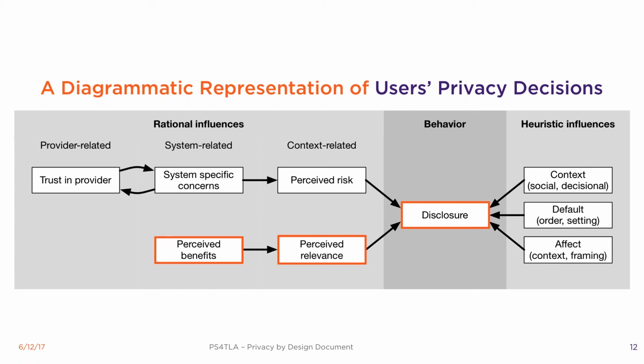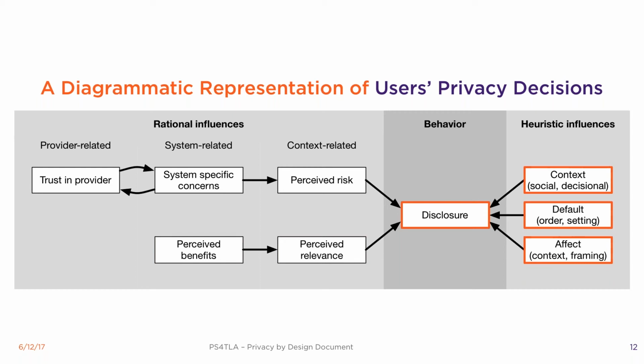So that's the rational influences on decision making. But as I mentioned earlier, people are not always super rational in these decisions, and so there's also heuristic influences. One of these I already mentioned is the context, like whether a certain default setting is checked or unchecked. Another one can be the decision context as well.